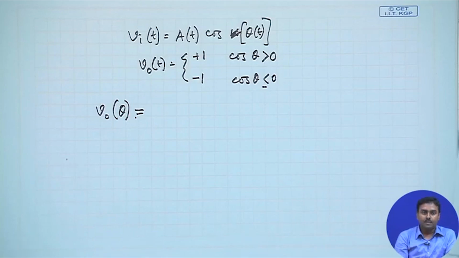It depends on that cos theta. If cos theta is greater than 0, it is +1, and less than 0, it is -1. So, if I plot with respect to theta, it is a square pulse with alternate plus and minus, right, with respect to theta.